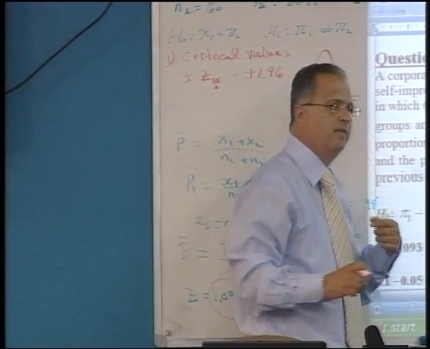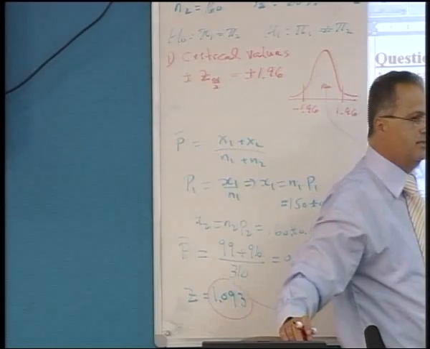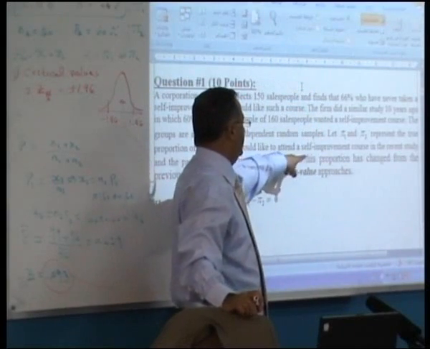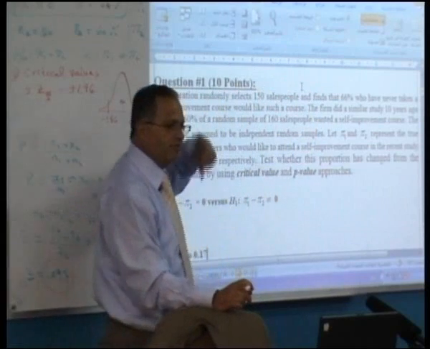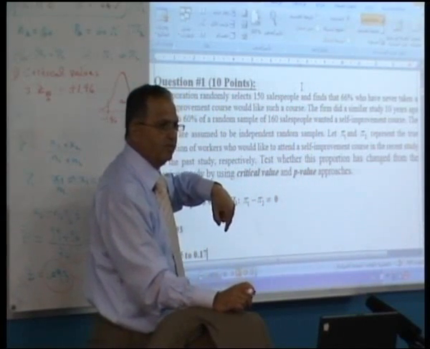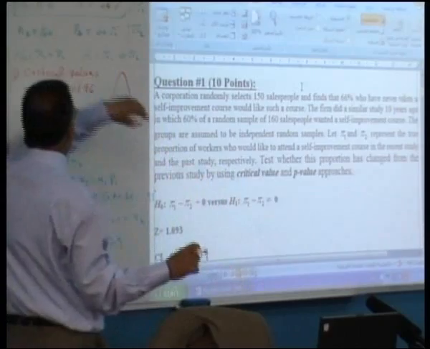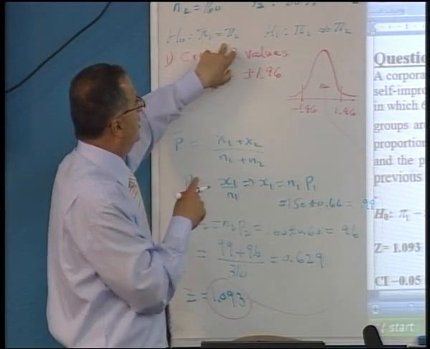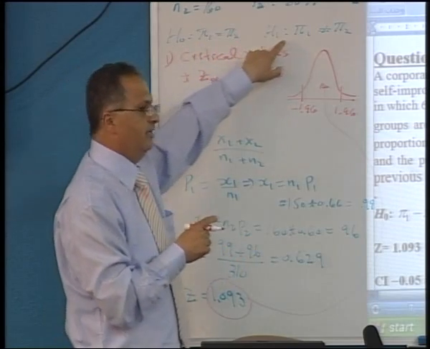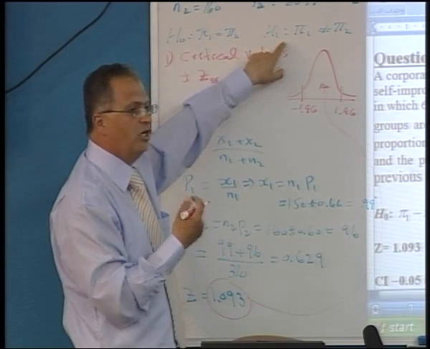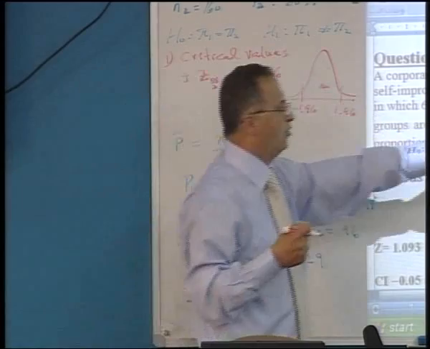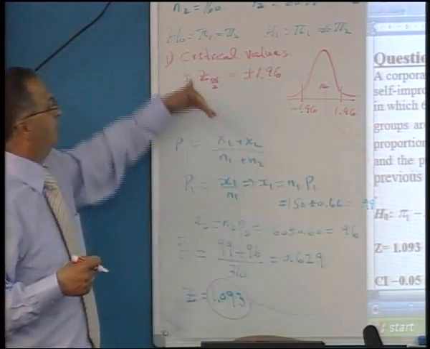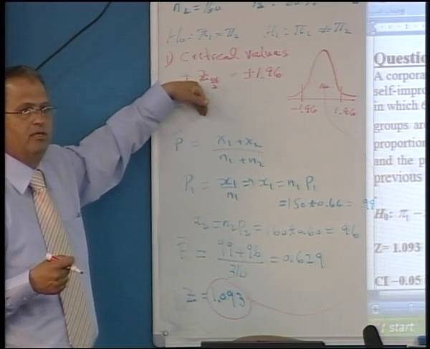That means there is not sufficient evidence to support the alternative, which states that the proportion has changed from the previous study. It means you cannot say that the proportion has changed from the previous study. That is by using the critical value approach.